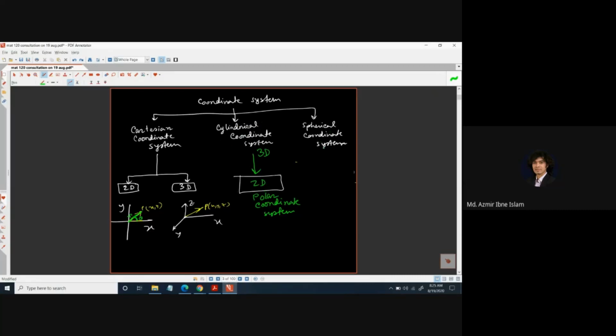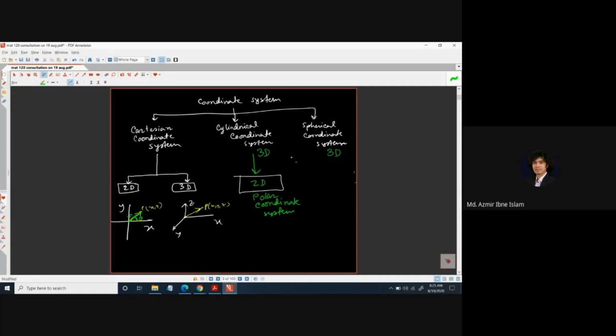And spherical coordinate system is always three-dimensional. So have you understood the classification of coordinate system here? Actually, we have total three coordinate systems: Cartesian coordinate system, cylindrical coordinate system, spherical coordinate system.